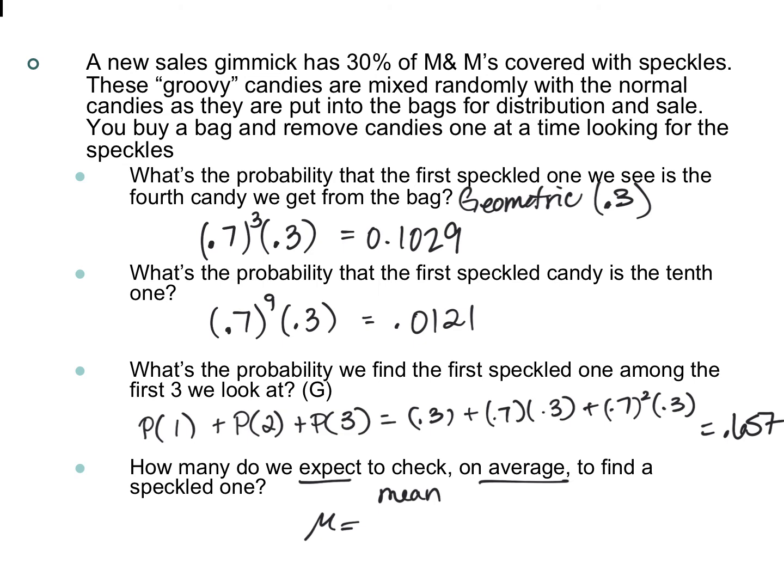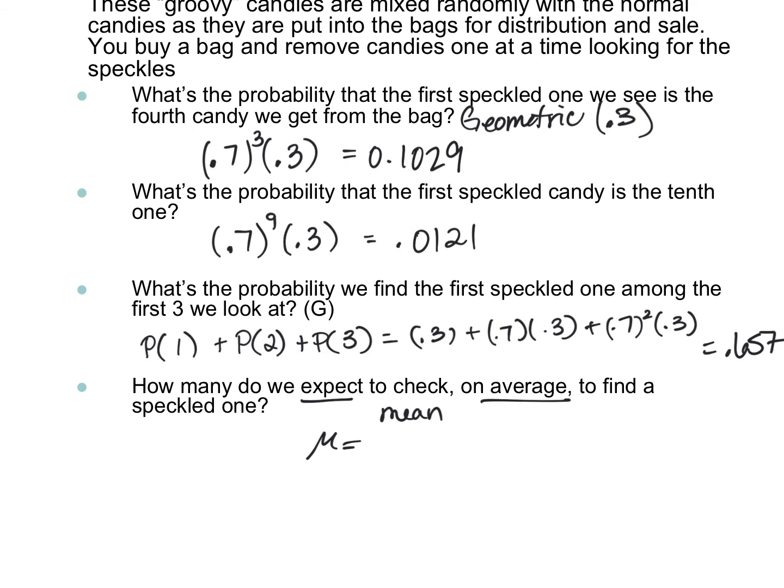And the mean of the geometric model is 1 divided by the probability of success, which is 1 over 0.3, which is 3.33. So when it says how many do we expect on average, that means find the mean for this distribution.